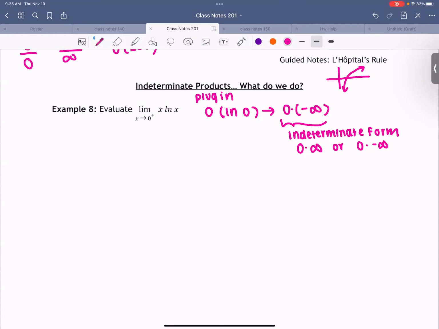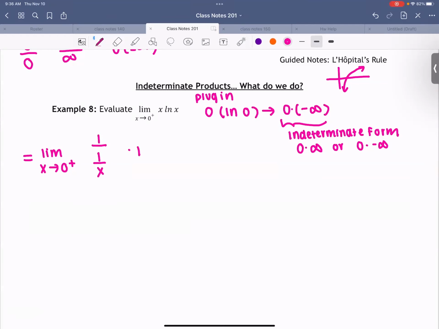Let me show you a little trick here. I'm going to keep my limit the same, but instead of writing x, I'm going to write 1 over x. Isn't that the same thing as writing x? Yeah, right. This is a trick that always goes with indeterminate products: instead of writing x, we write 1 over x.